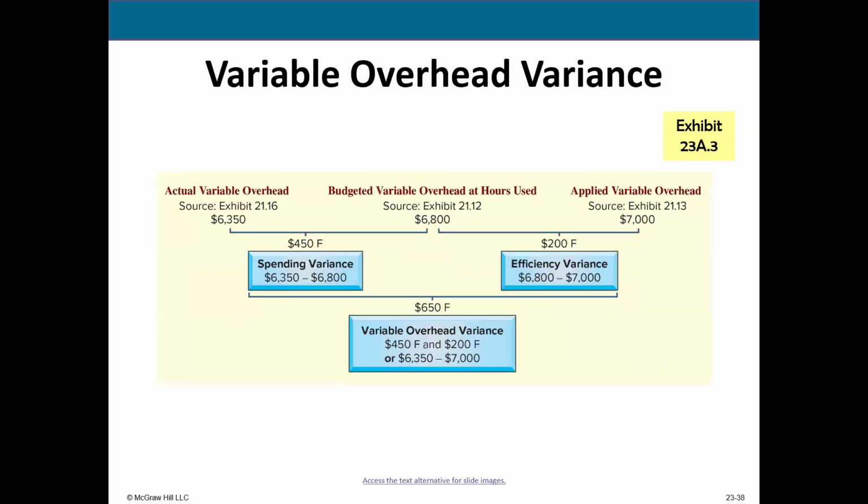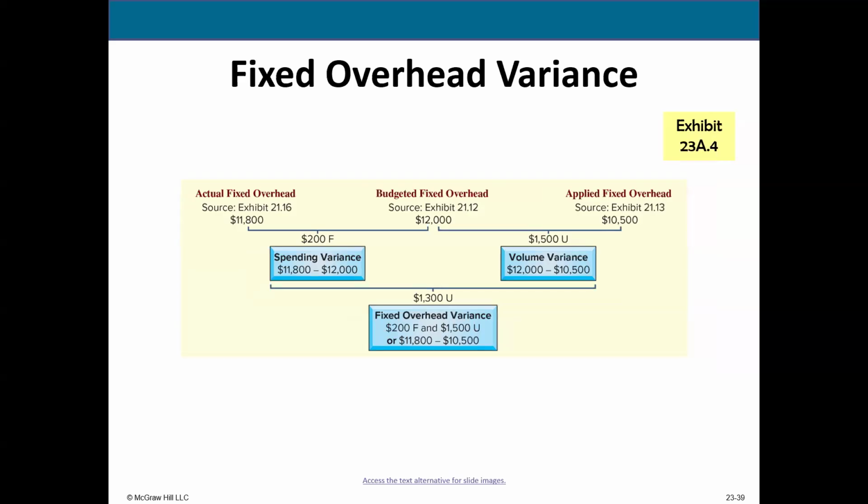Breaking it out even a little bit further, here we can see our variable overhead variance by taking the actual minus the standard. We do the same thing for our fixed variance, actual minus the standard. So it becomes pretty easy once you apply those basic formulas that we learned earlier on.